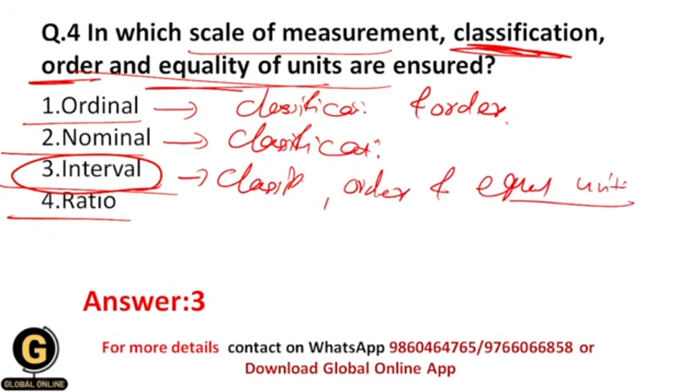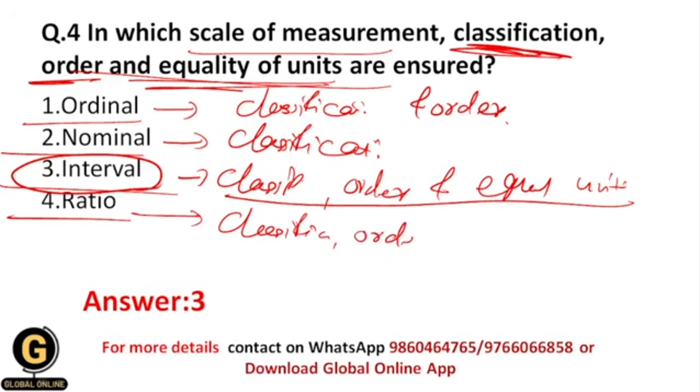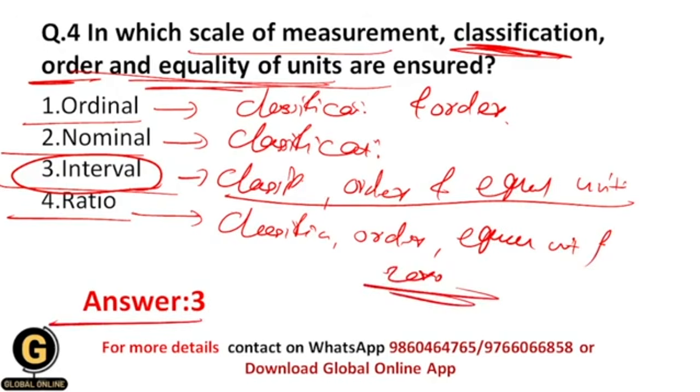So classification, order and equality of units, all of these criteria are ensured in interval scale, and the ratio scale ensures classification, order, equal unit and absolute 0, and that's why your correct answer should be 3.